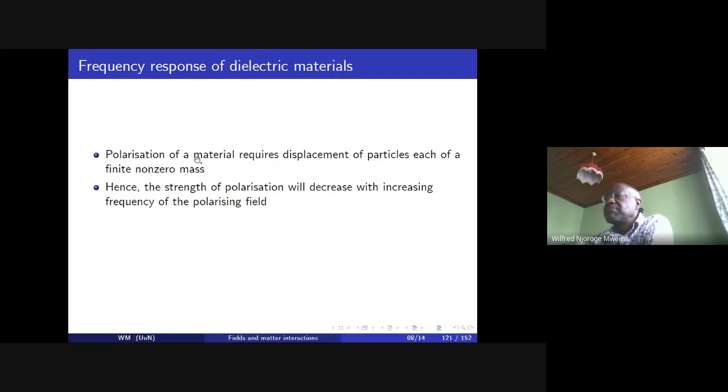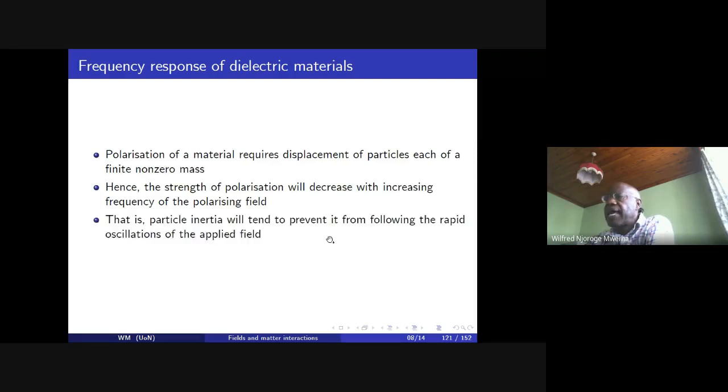Since the particles carrying the polarization have finite mass, they require a finite amount of energy to move them around, and therefore they will not be able to follow the changes in the applied field if the frequency is high. That is, the particle inertia will tend to prevent the particles from following the rapid oscillations of the applied field.